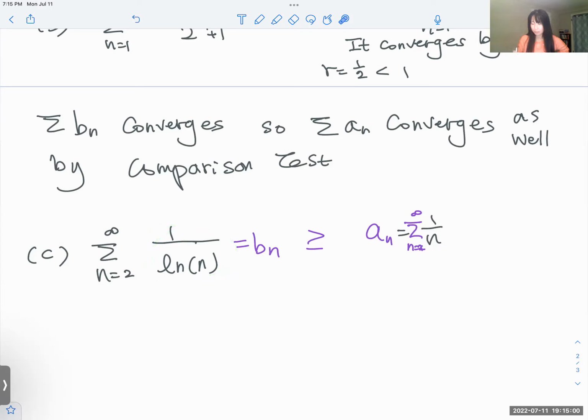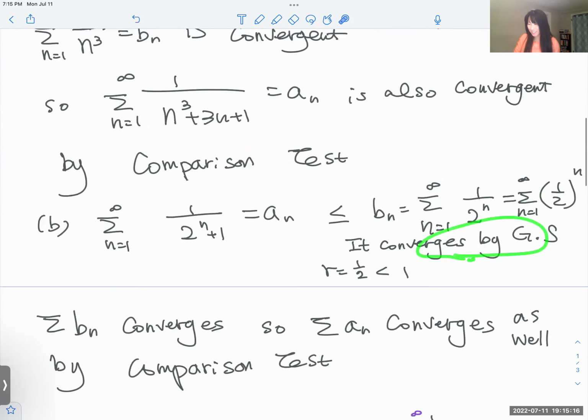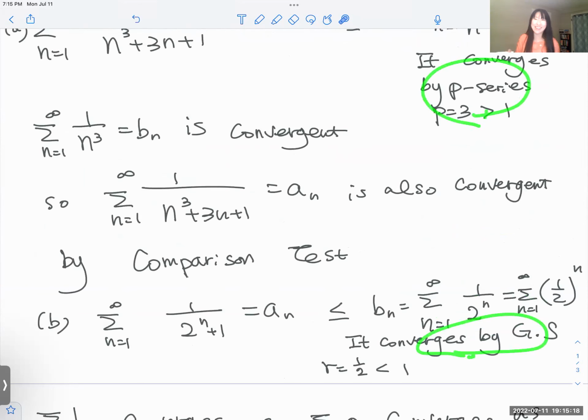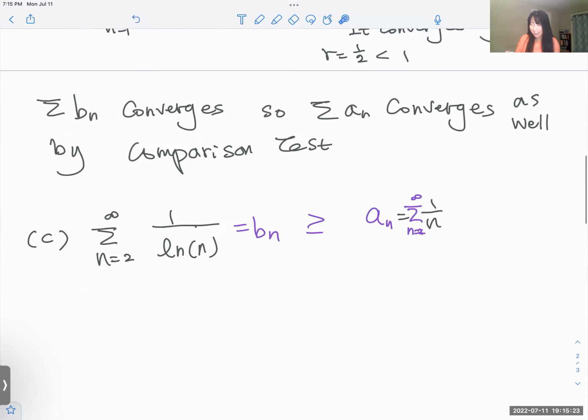Why? Because it's bigger. Can you see that? Converges by what? Now we cannot say just because it's bigger. We have to say some test.